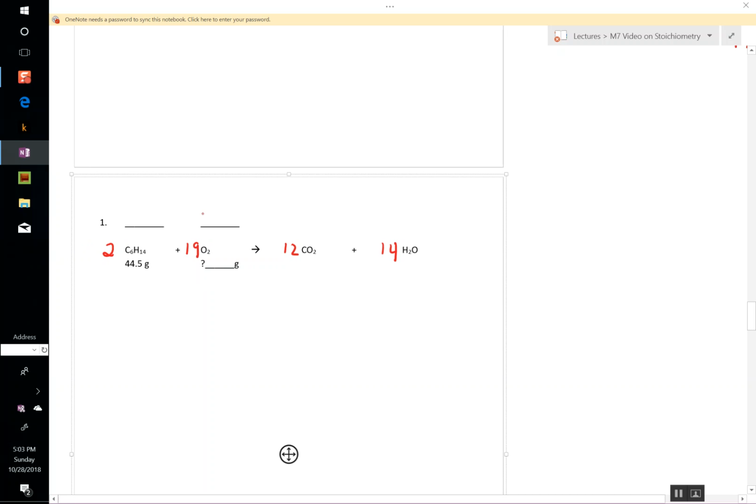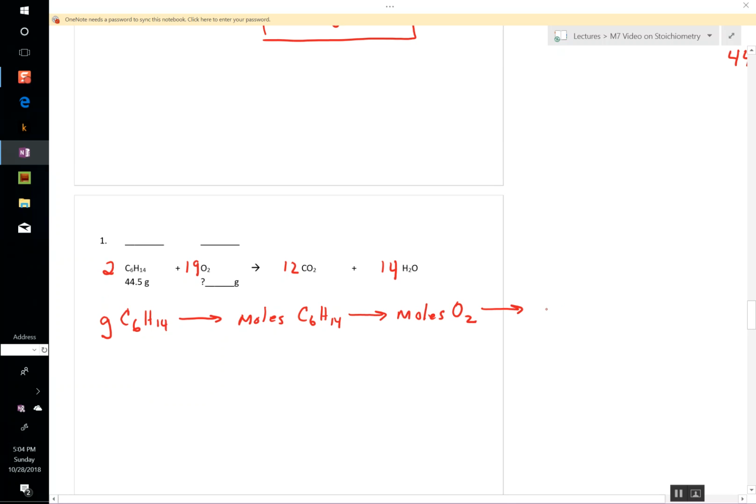So figure those molar masses. Here's the path: grams of C6H14 need to be converted into moles of C6H14, and then you need to use the factors in the balanced equation to convert moles of C6H14 into moles of O2, and then finally, using the molar mass, you would calculate the grams of O2, and you'd have the answer to the question.